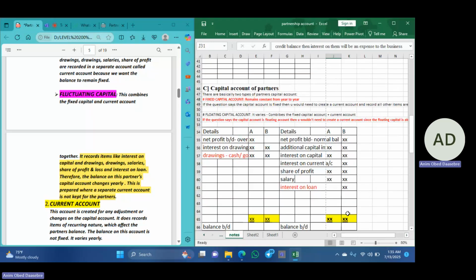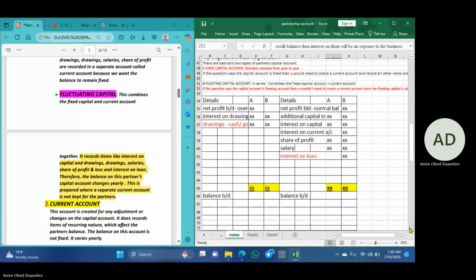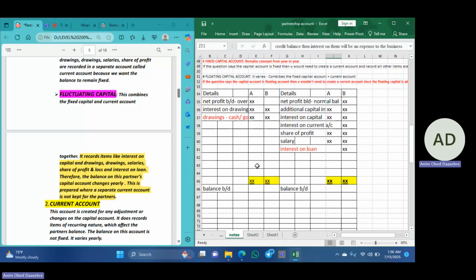Now we are done with the capital accounts and also the current accounts. We have dealt with them simultaneously. Now if you are done, you balance off the accounts, right? You check the credit and the debit side.